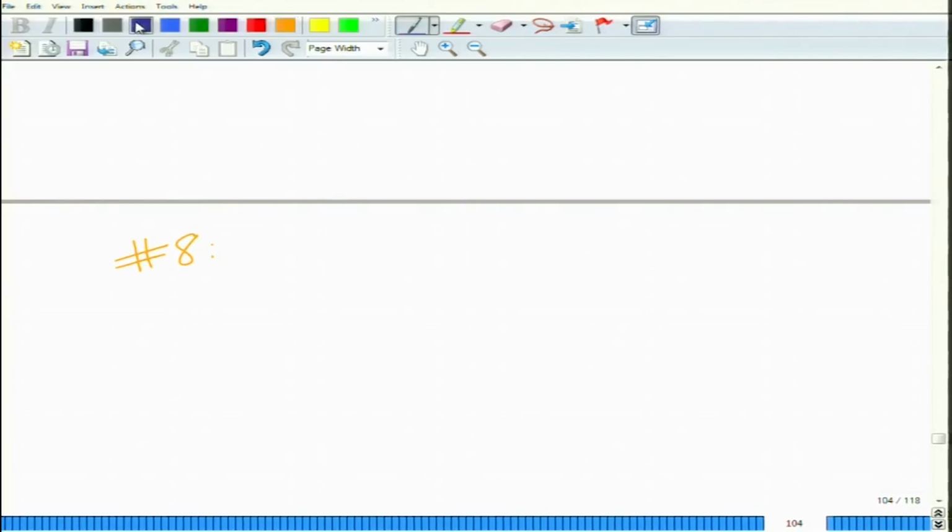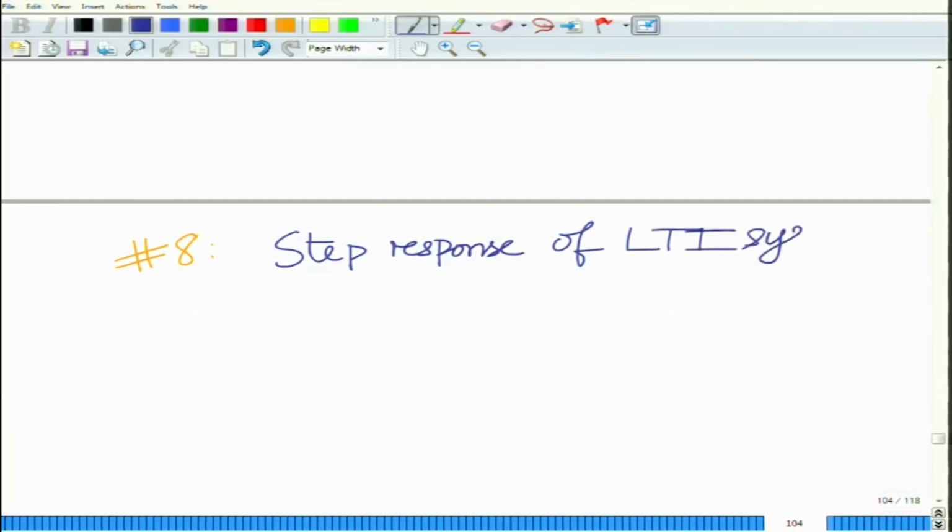The step response. Now, here we are given that the step response of an LTI system equals a^n u(n).